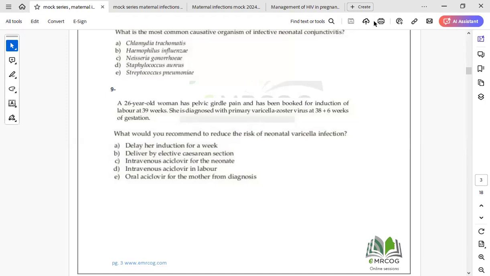Okay, so some of your colleagues are saying deliver her by elective cesarean section. This is, by the way, one of the options that you are going to give the patient, only if there is no rash on her tummy. So, you know, this is not the best choice.